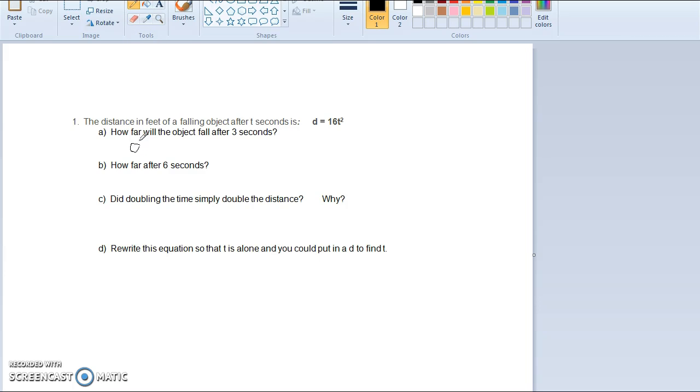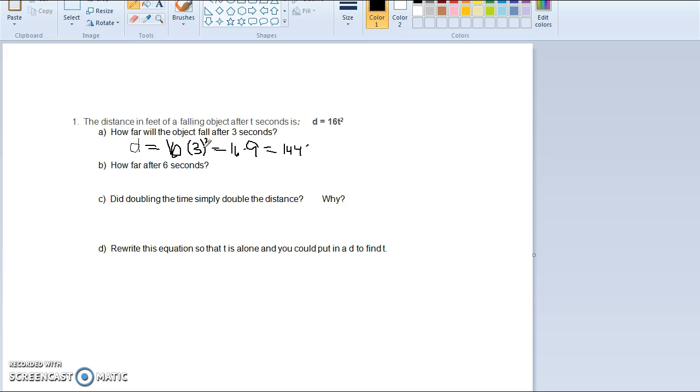So the distance would be equal to 16 times the time, which is 3, squared, which will be equal to 16 times 9, which is then equal to 144 feet.